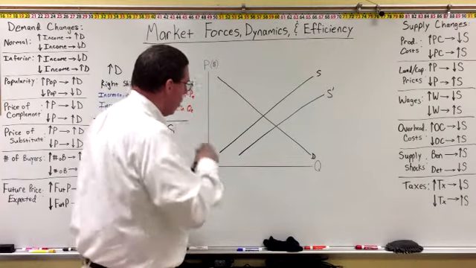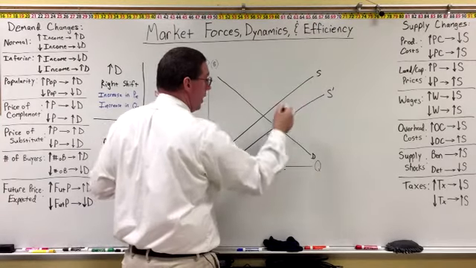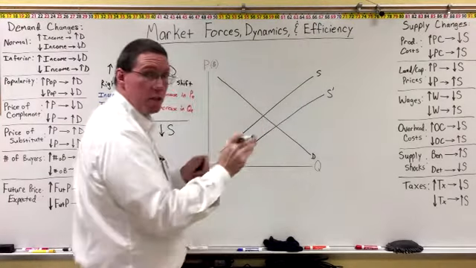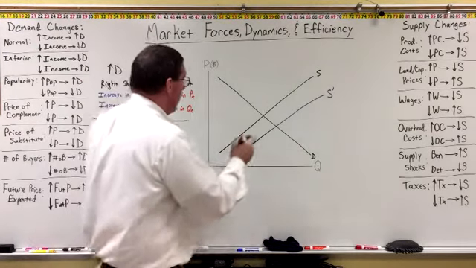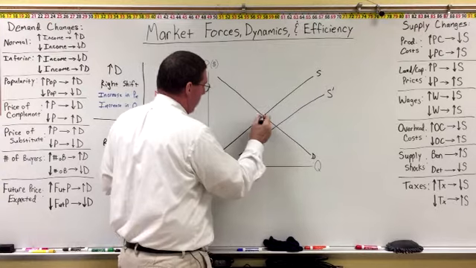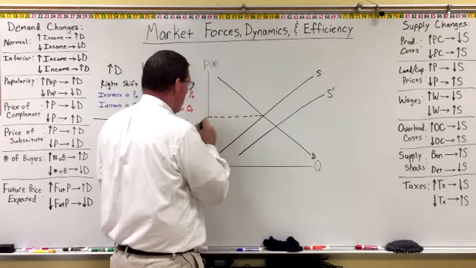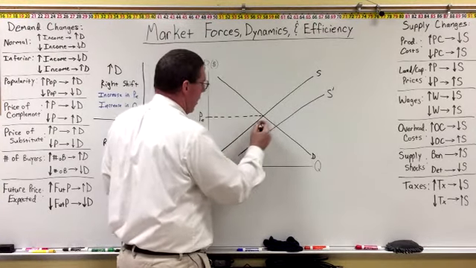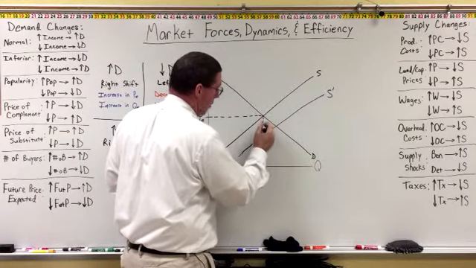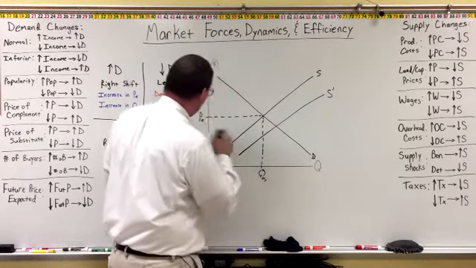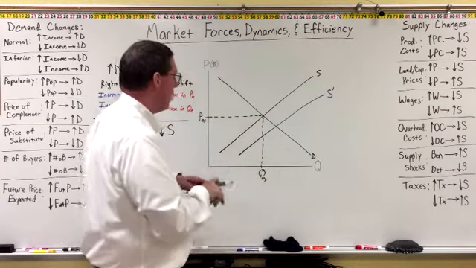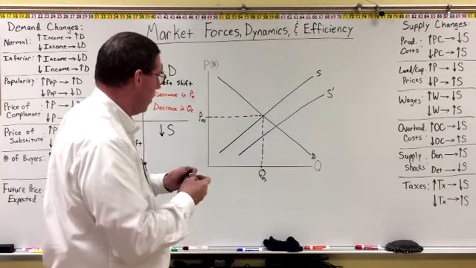Now, originally, before the change in supply, now that's a change in supply, right? That's a change in supply. Originally, the equilibrium price was over here, and the original equilibrium quantity was right here. So that's the starting equilibrium price and the starting equilibrium quantity.